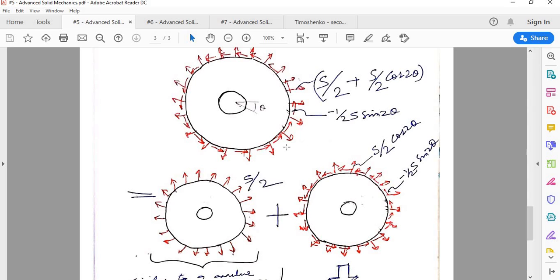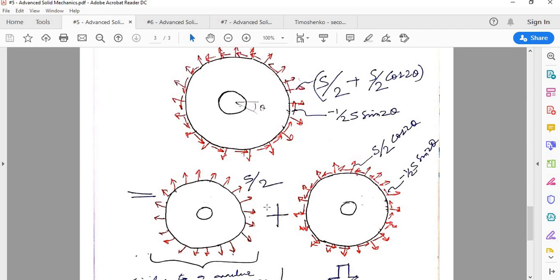Remember, first of all, we are using the principle of superposition. As I discussed, if everything is in linear range, you can split the problem as the sum of two different problems. This is very much used in advanced solid mechanics, and even in structural analysis we use it every now and then without realizing it.